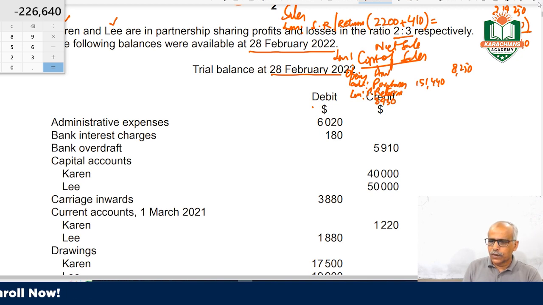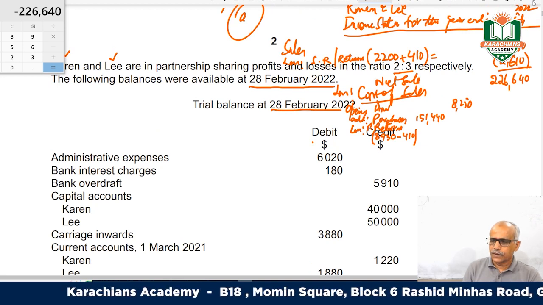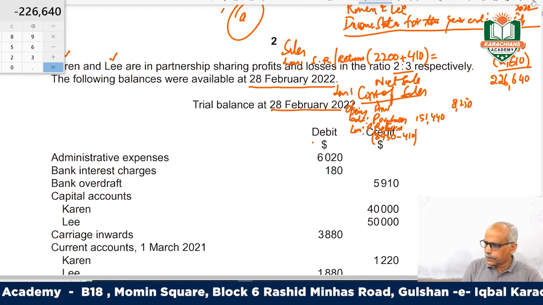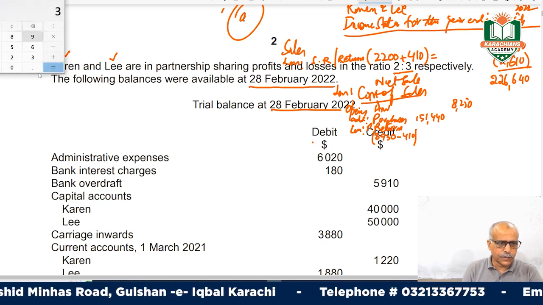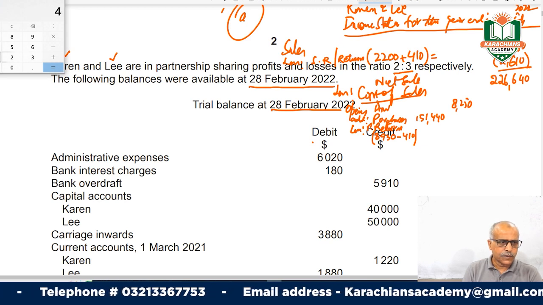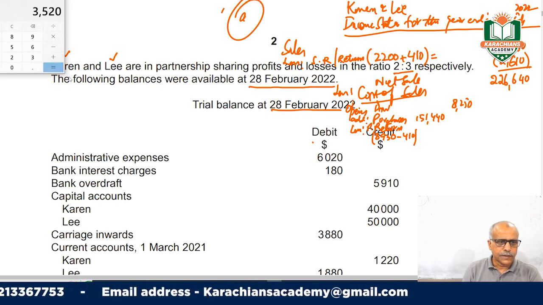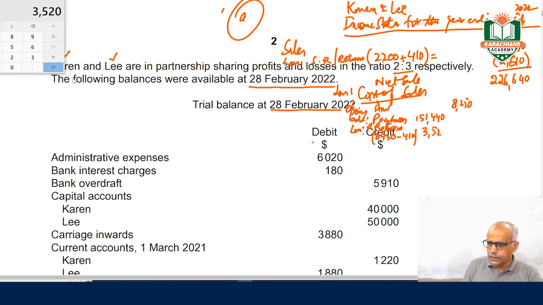But we have wrongly added 410 here, so we will deduct this 410. So 3,930 minus 410, your purchase returns are 3,520.